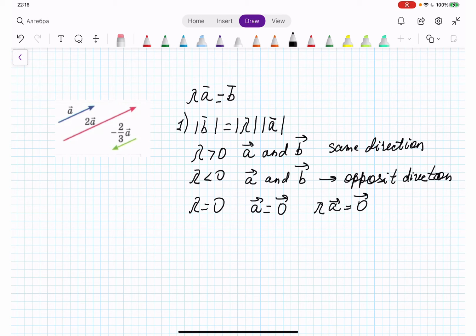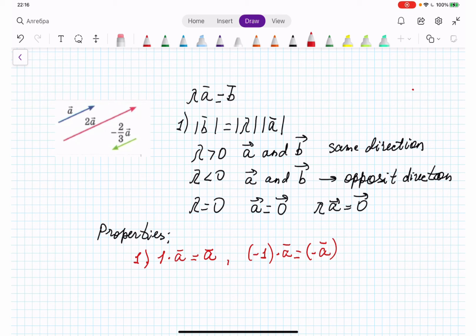Now let's look at the properties of the multiplication of a vector and a scalar value. For any vectors A and B, we can write down the properties. Property number 1: 1 times vector A is equal to vector A. Negative 1, the scalar value, this is lambda in our case, times vector A is equal to negative vector A, opposite direction, right?